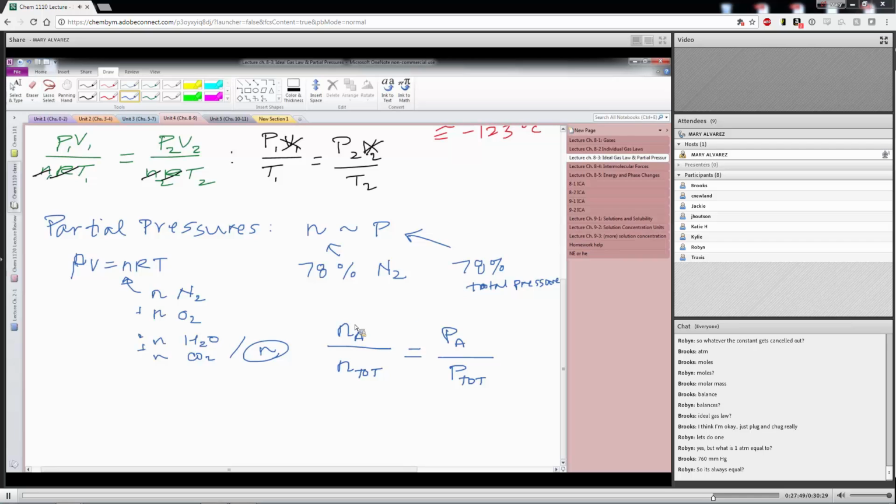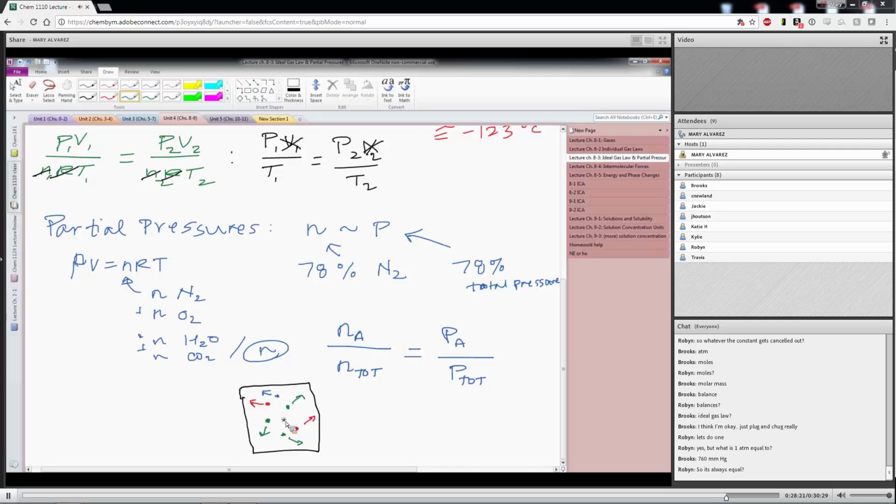And here's how you would express this mathematically. Conceptually, you can imagine you've got a container, and inside that container you've got some red gas particles. Here we go. And you've got some green gas particles that are running around. And you've got some, let's say, blue gas particles running around.